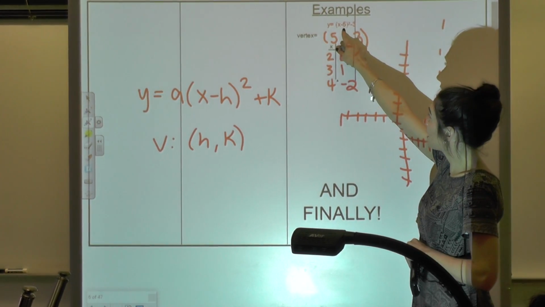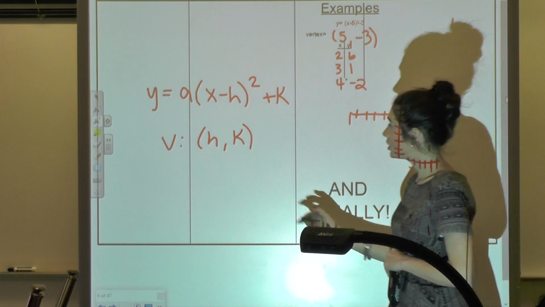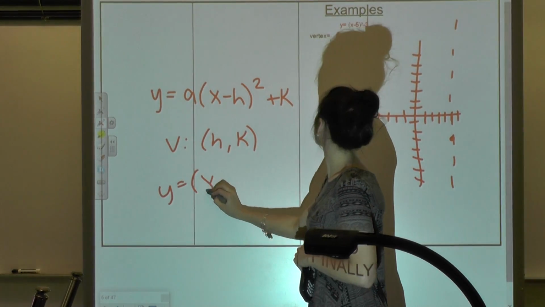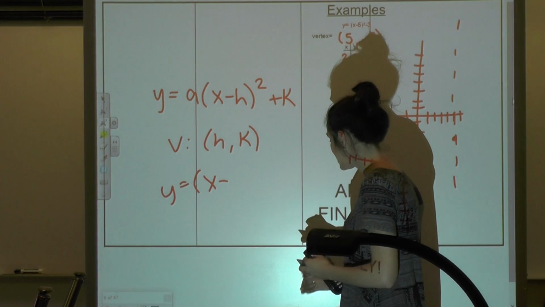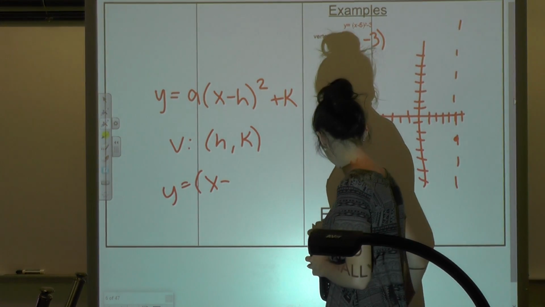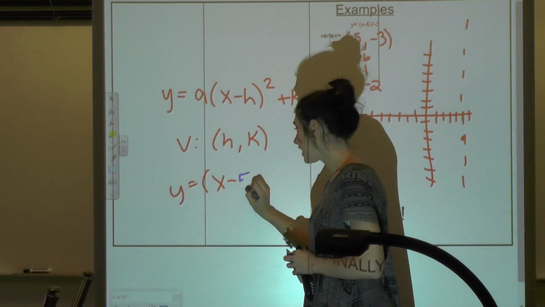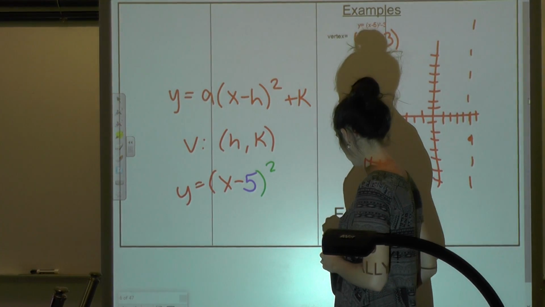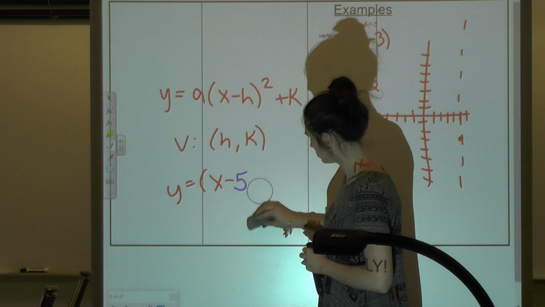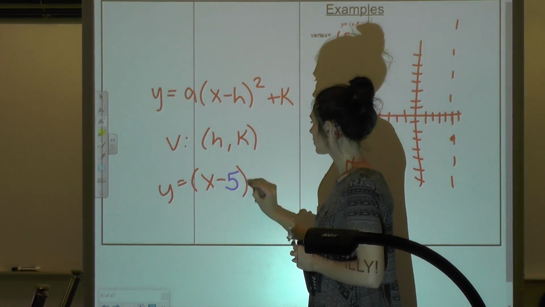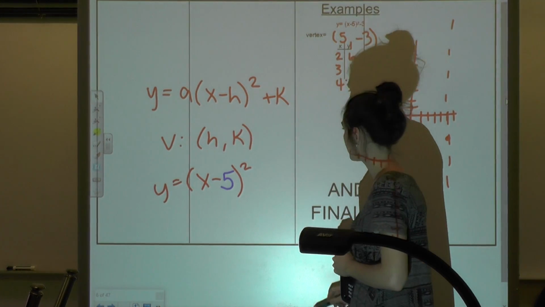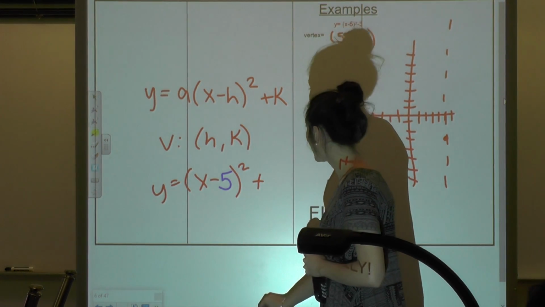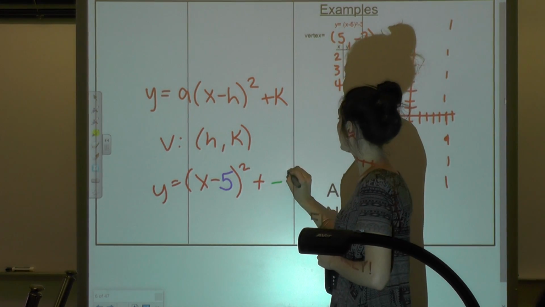So that means that we have our equation right here, which is y equals (x minus 5) squared plus our k, which is negative 3.